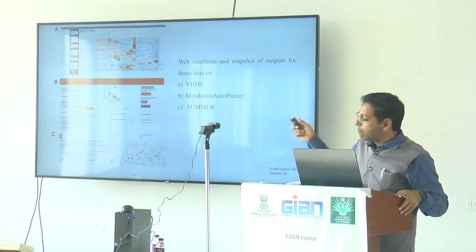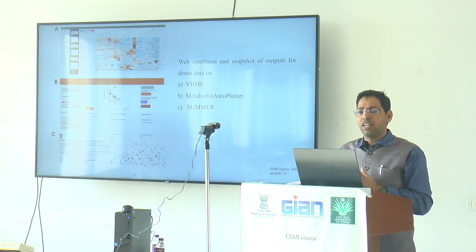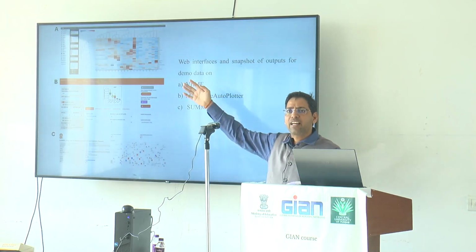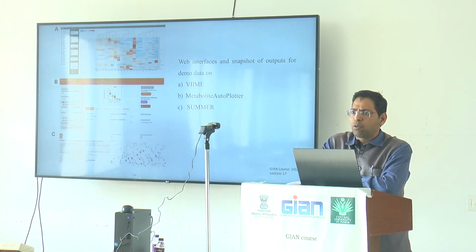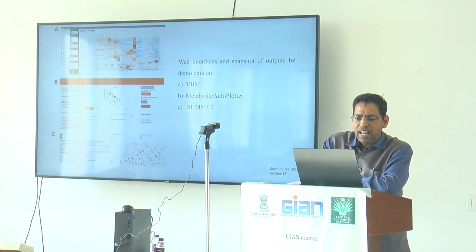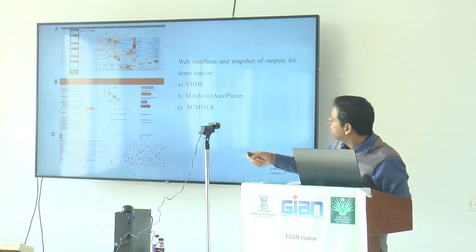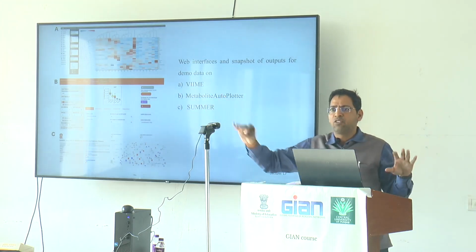This is the web-based interface and a snapshot of the output for the demo of VIIME, metabolomic autoplotters and Summer. With the first, you can make such types of plots, heat map plots, by using the VIIME plot software. With the second, metabolite autoplotters, you feed in your values and you will get such a graph, which is basically identifying your figures.